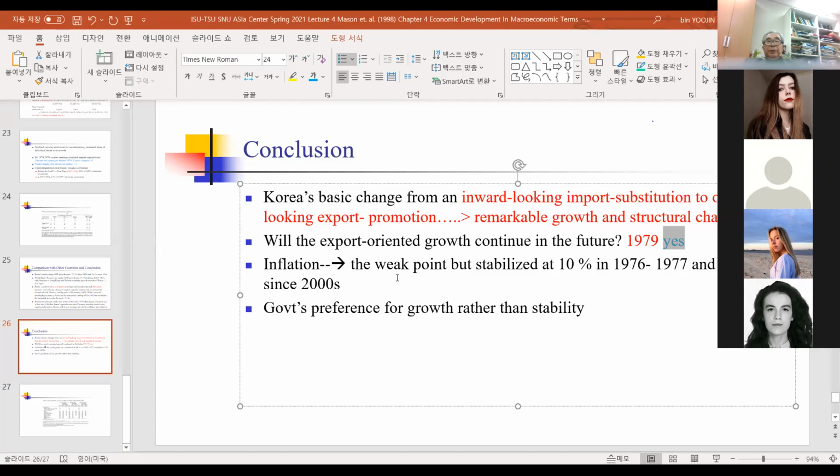Still, inflation was the weak point, but it stabilized at 10% in 1976, 1977. And why this period particularly?